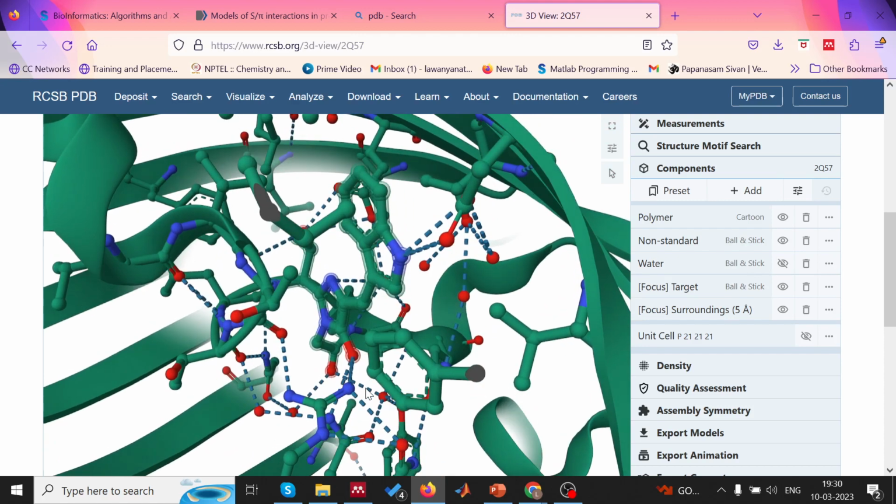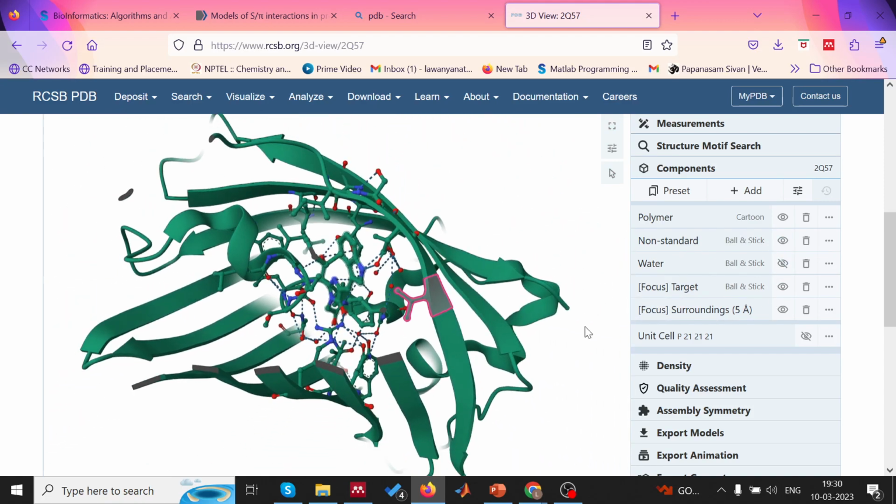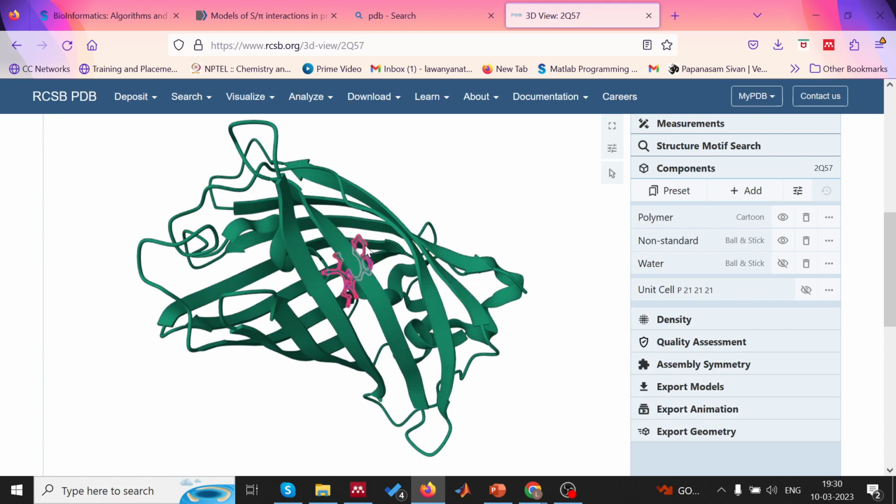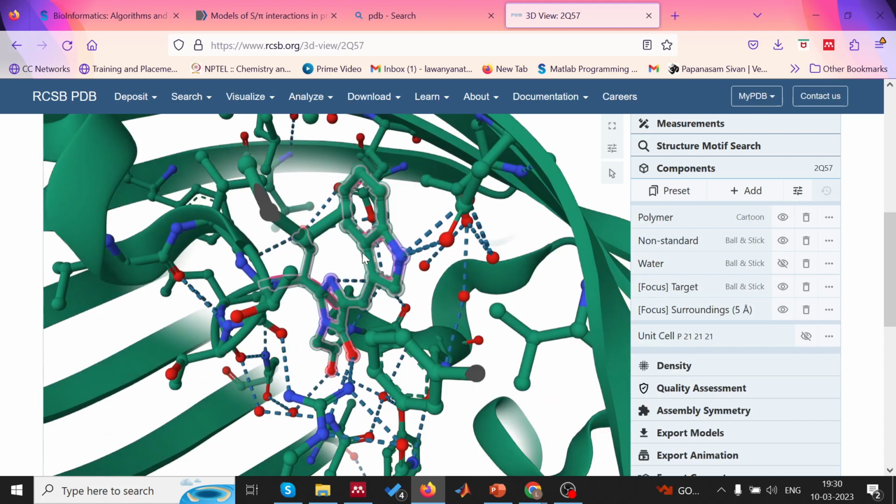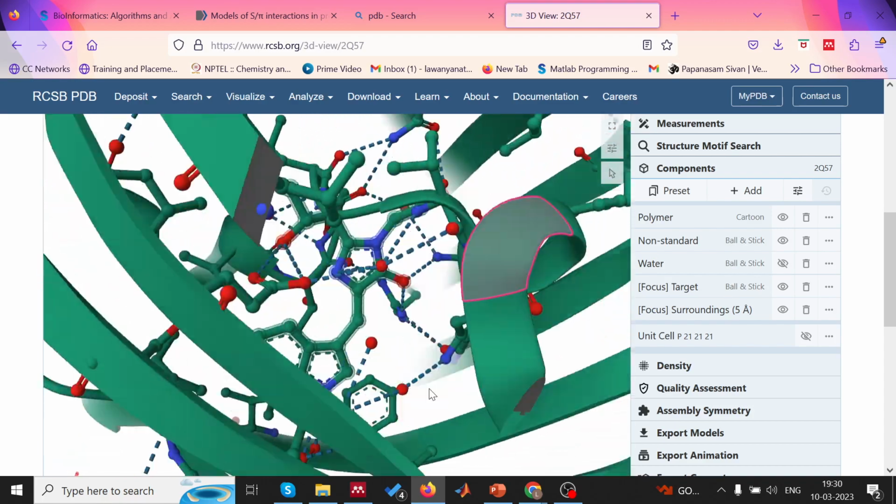Okay, and if I remove that, if I click on this, it moves. So when I click on a molecule, all the interacting residues are shown. Can you see?